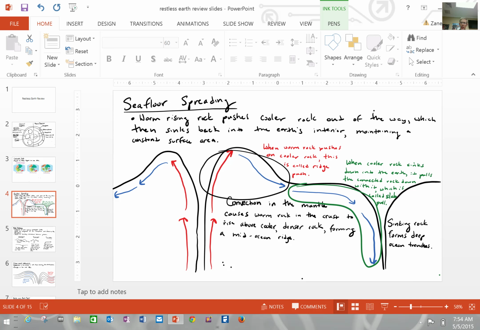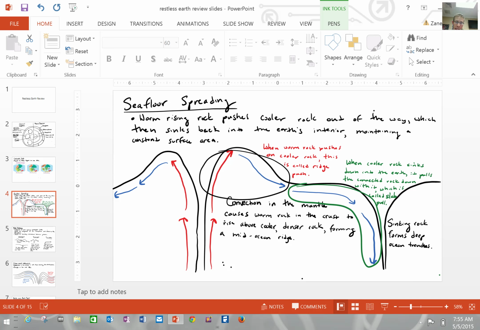And you can see I've circled in green some blue arrows that are going back down into the earth, because we all know that what comes up must eventually go down in the earth. So once again, we have seafloor spreading with the warm rock coming up above the cold rock, pushing it out of the way, and then the cold rock sinks back down into the earth when it becomes more dense than the rock around it.